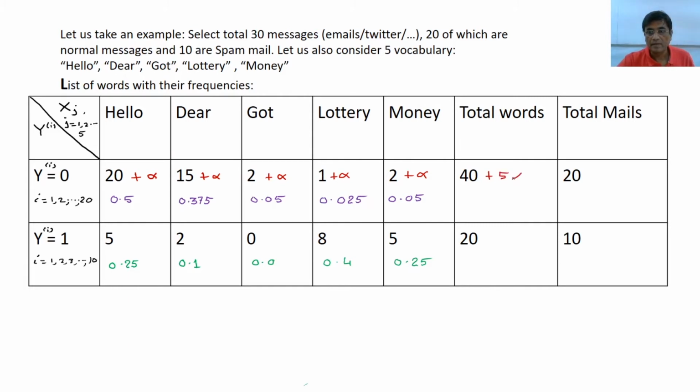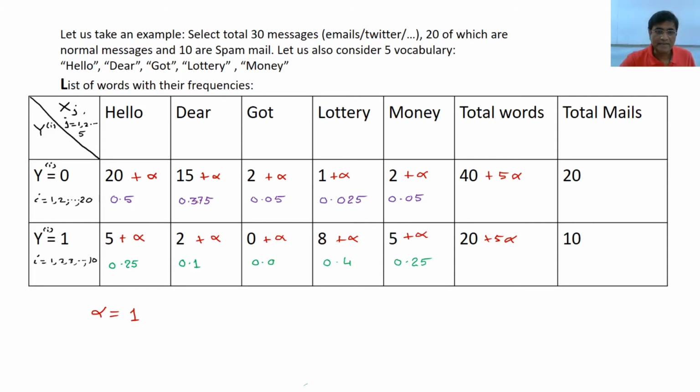So we incorporated some value to all the words' frequency. Alpha could be any number, but normally it is taken as 1. You can take 2, 3, depending on the case.